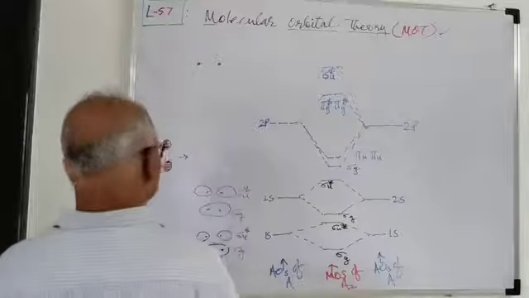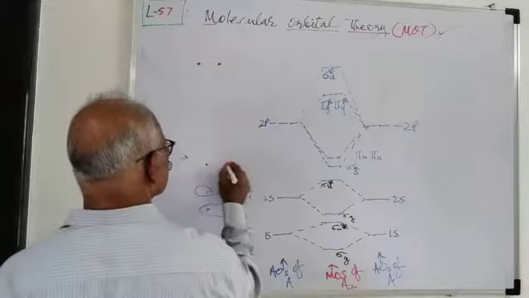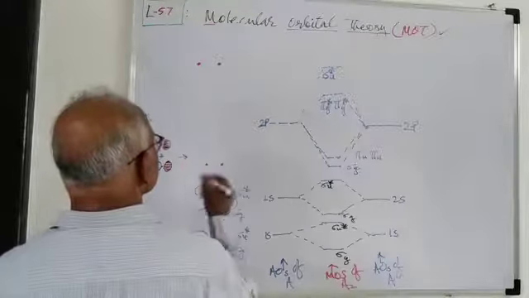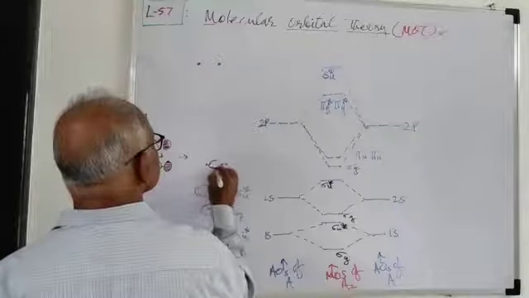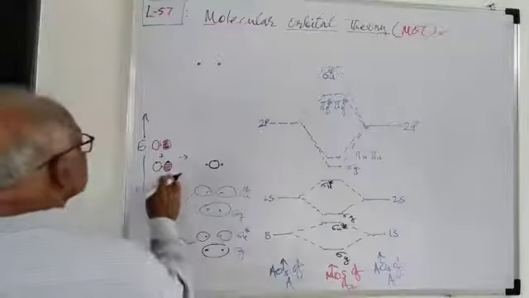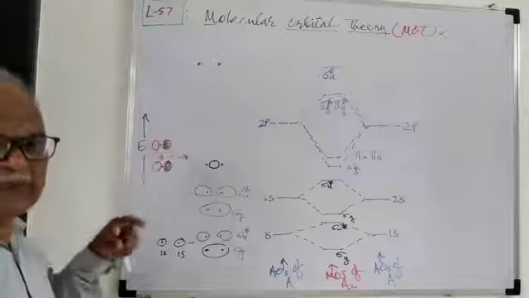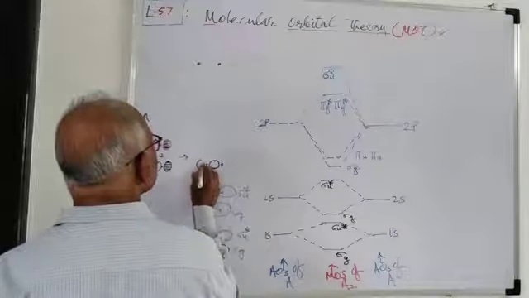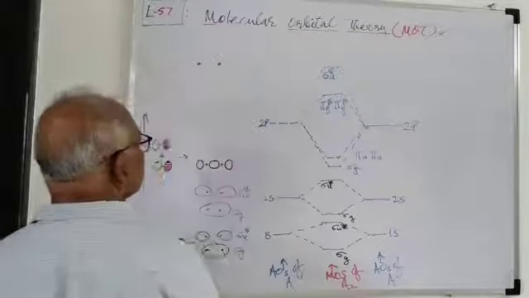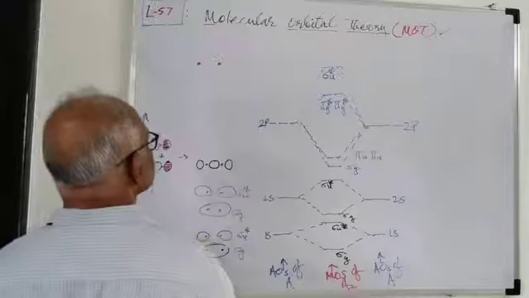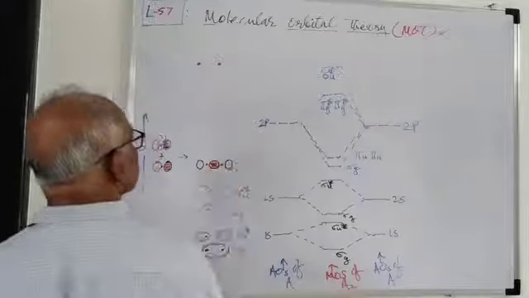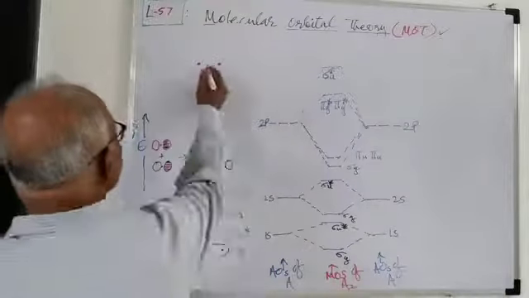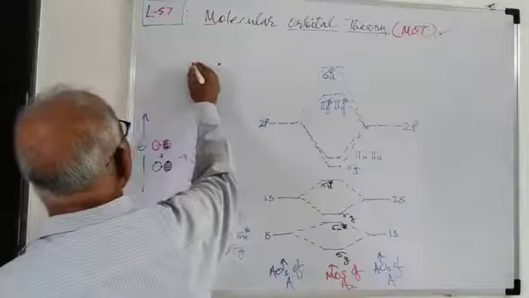Here you will find that the two lobes of the same, identical sign will merge with each other, and the other lobes will remain like this, unchanged. So this is the sigma G. Now you will find here the antibonding orbitals like this.